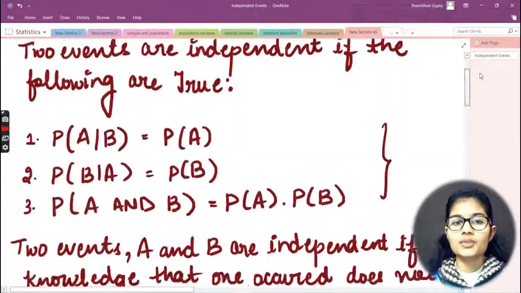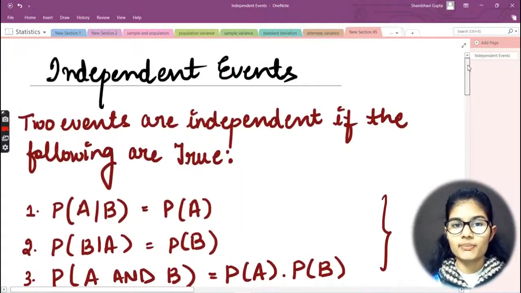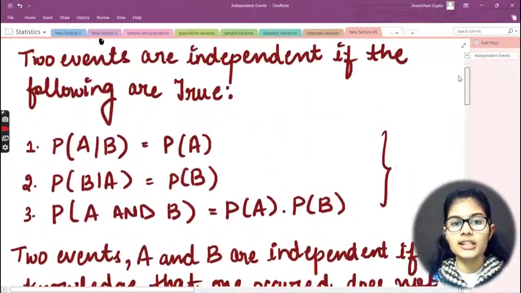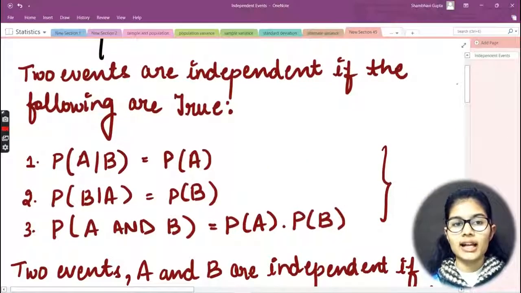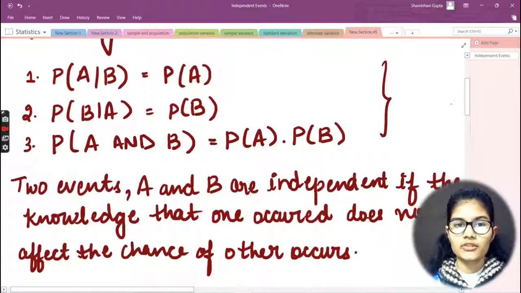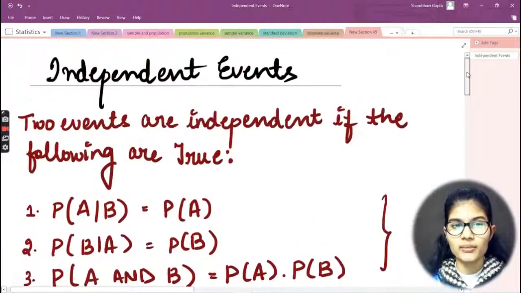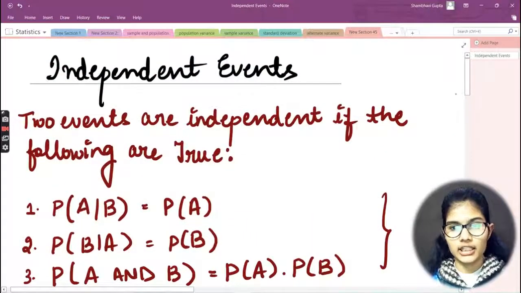Right, and this is where we completed our independent events. We already saw that two events are said to be independent if the conditions mentioned here are true: the probability of A given B is equal to the probability of A, or the probability of B given A is equal to the probability of B, or the probability of A and B is equal to the probability of A times the probability of B. These are the conditions to be satisfied for independent events.